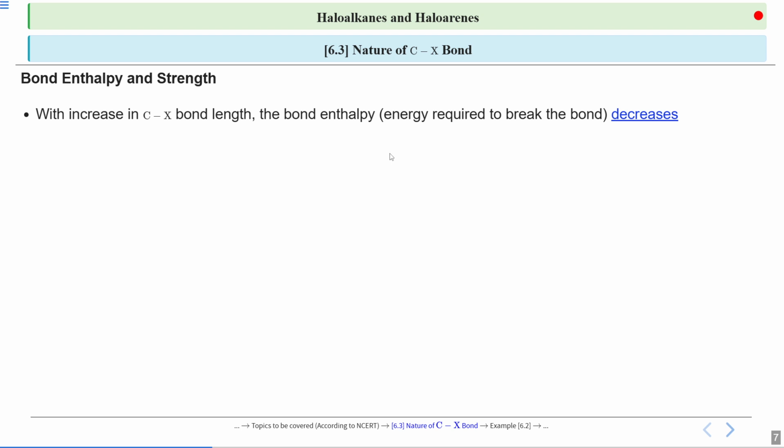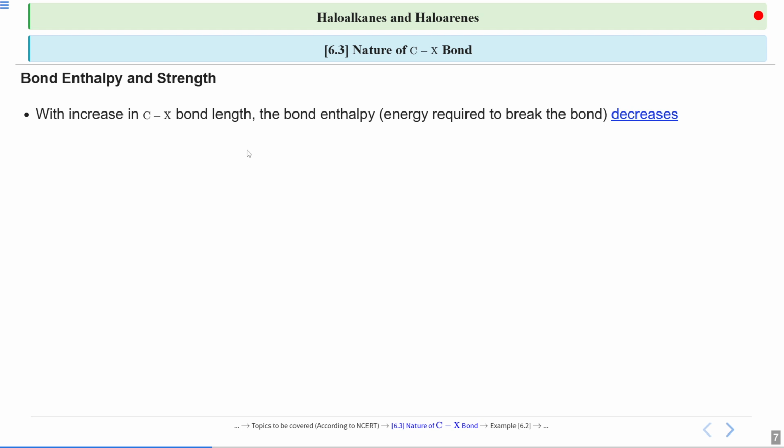Okay, what does it mean? Down the group, the bond length increases, right, due to the increase in the size of halogens in the halogen group. So carbon halogen bond length increases, which means the distance between the carbon and the halogen atom increases, due to which their gap increases, and you can easily break the bond and remove the halogens from the carbon, right?